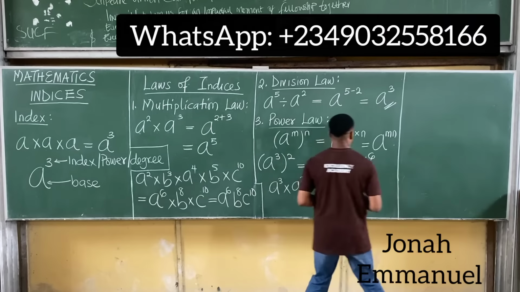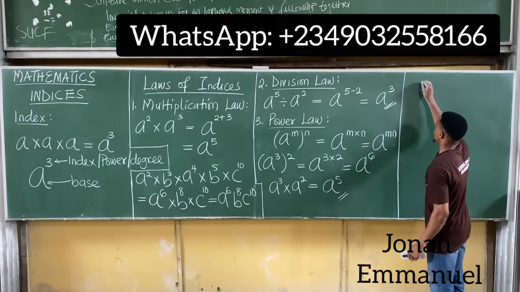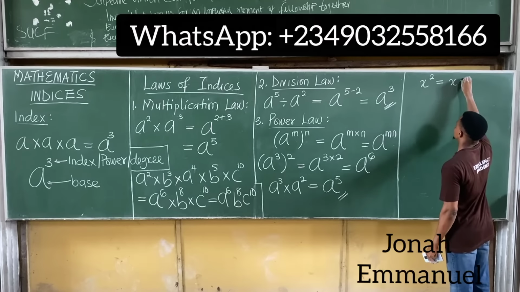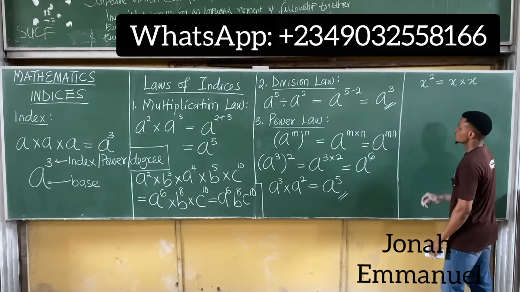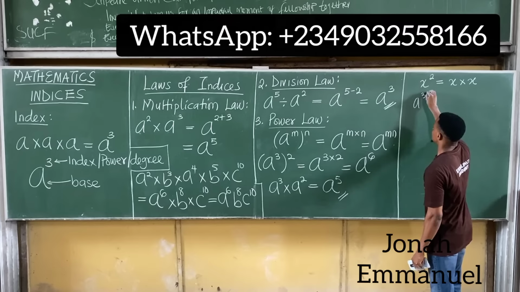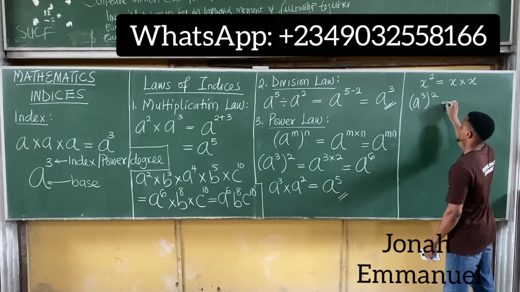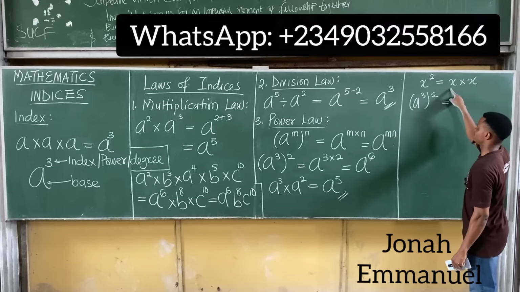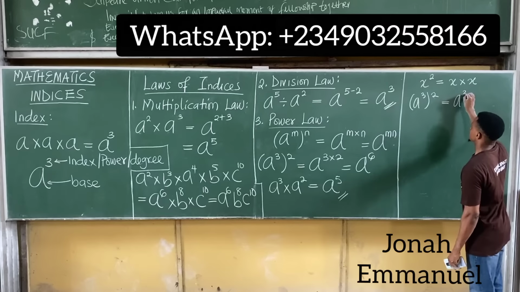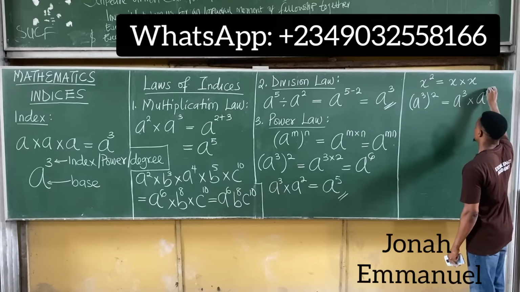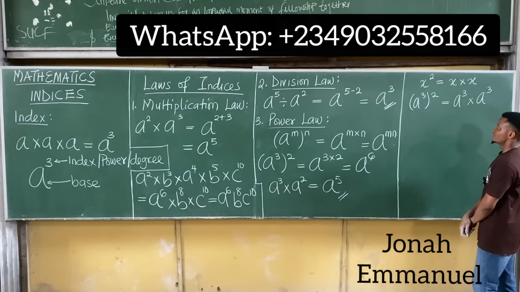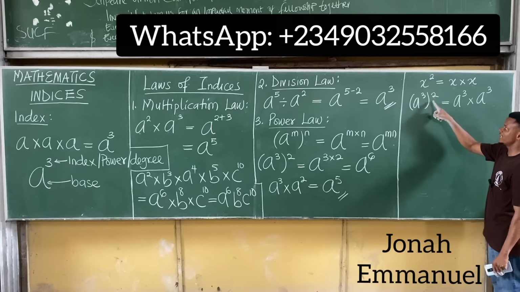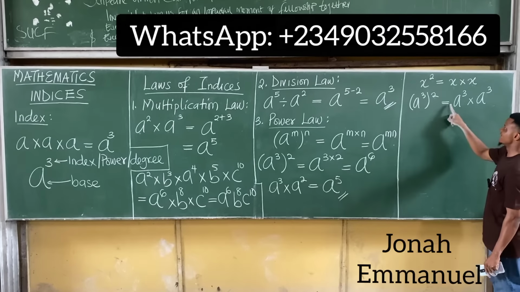Now, let me prove this a bit. Here's what to note. If we say x squared is equal to x times x, then A to the power 3 squared means whatever is in this bracket is multiplying itself 2 times. That will be A to the power 3 multiplying A to the power 3. Since something is squared, it's multiplying itself. So if this one here is squared, that means all of this is multiplying itself.